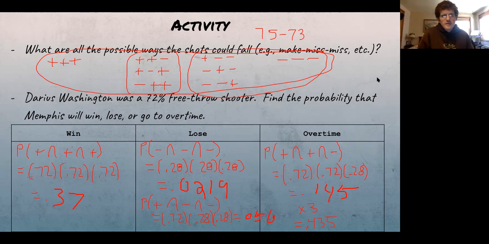Just like before, if I focus on the fact that there are 3 outcomes right there that lead to only 1 make, then I can do just what we did before, multiply this times 3, and we can get our probability for that.